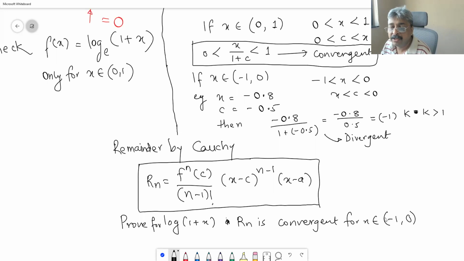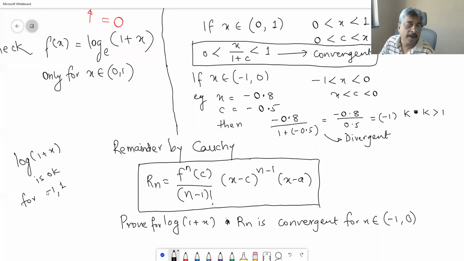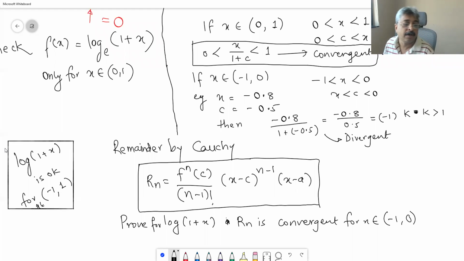So Cauchy's will permit you to use it for minus 1 to 0. Taylor will permit you to use it from 0 to 1, and hence the log 1 plus x expansion series is okay for x belonging to minus 1 to 1. This is the final result that we will remember.